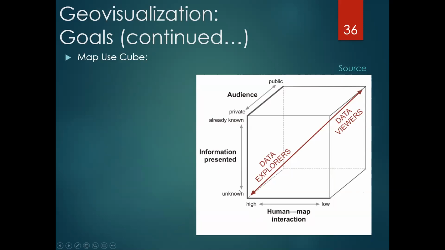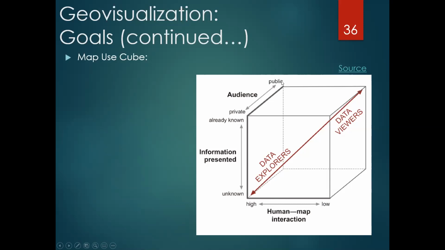We can use this geovisualization to reveal unknowns, or we can use it to show the already known. The second dimension is human-map interaction. It ranges from high interaction to low interaction. And the third dimension is audience.